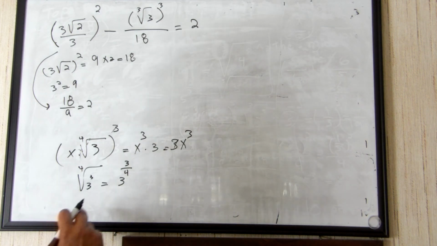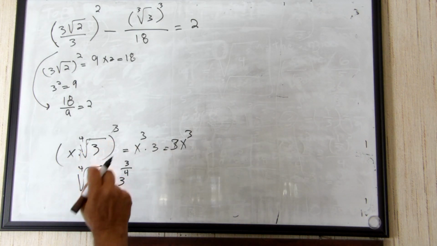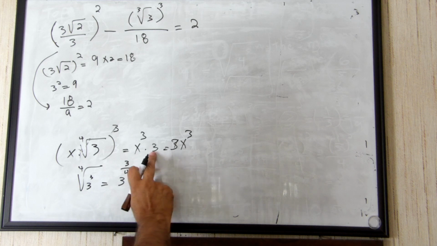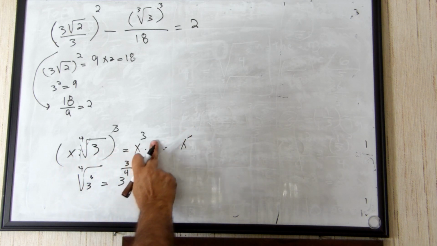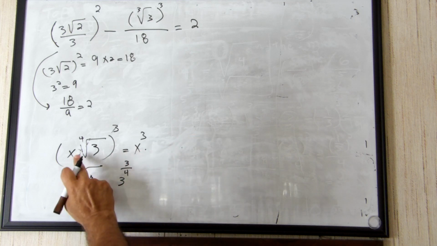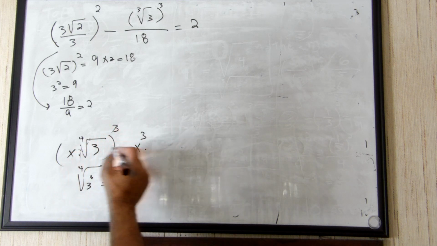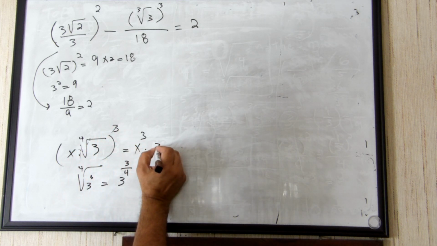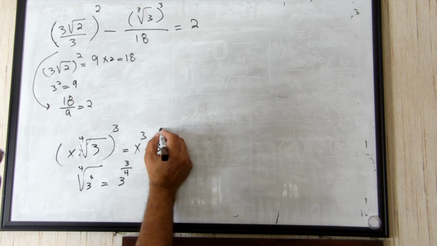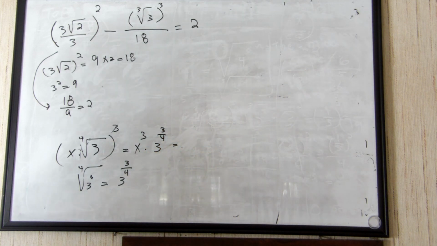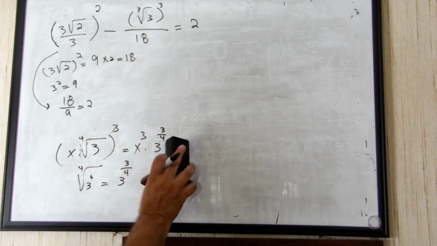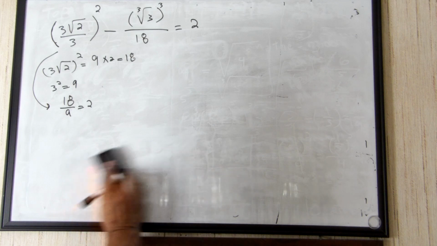So if this is multiplication by this, the answer is going to be x to the power of 3 times 3 to the power of 3, 4. So we cannot simplify or factor.